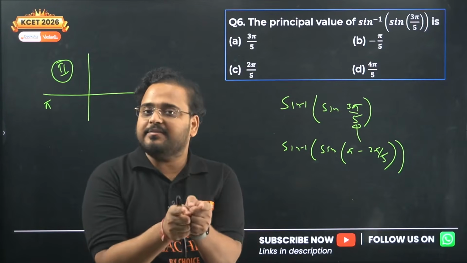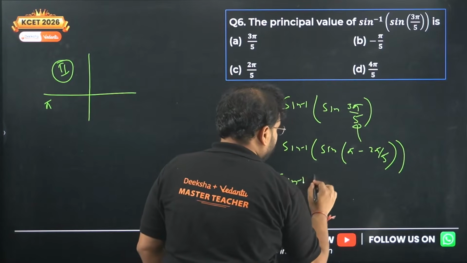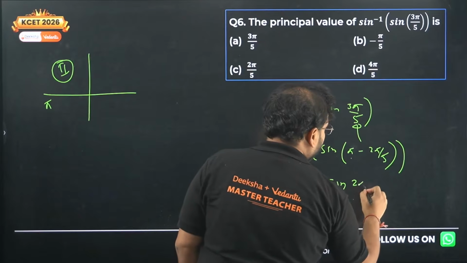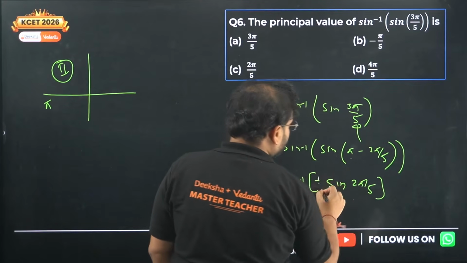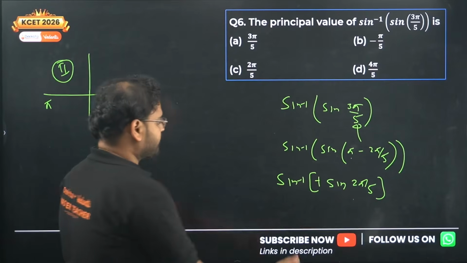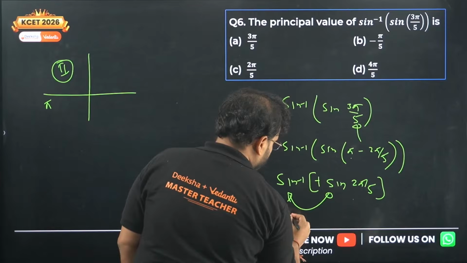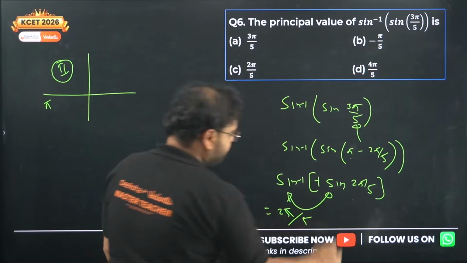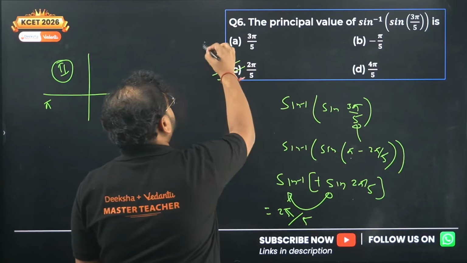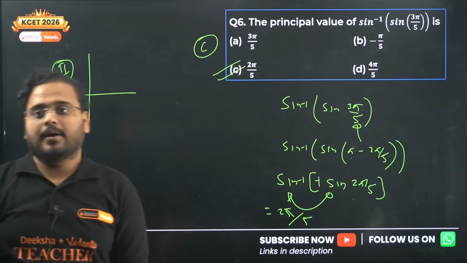Sine is positive in the second quadrant. So the sine of pi minus 2 pi by 5 will be sine of 2 pi by 5 and will be positive because of the second quadrant. Quadrant rule you know, right? Apply these two and you'll have the answer as 2 pi by 5. Option C is correct. Clear?